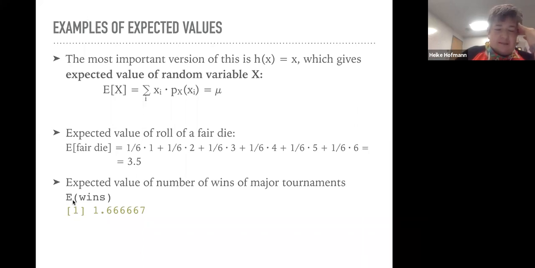The capital E of wins is a function in discrete RV. I just want to point out the similarity between the mathematical notation and the function call in R. So discrete RV is trying to mirror the math notation as much as possible so that we can use it in R directly. So 1.66 is the expected number of wins in a major tournament.